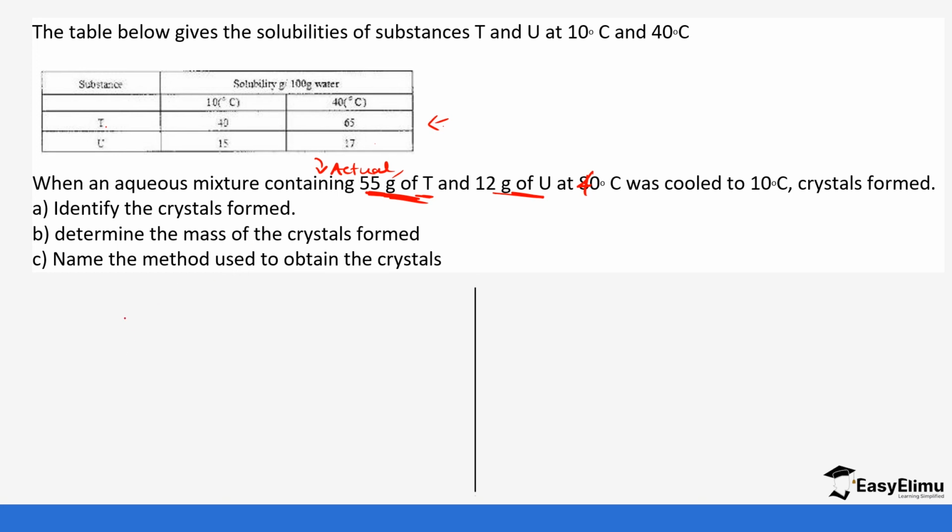So let's do the calculation. We start at 40 degrees Celsius. Theoretically, T is supposed to dissolve 65 grams, and we have 55. So actual is 55 grams, and at 10 degrees Celsius it can only dissolve 40.